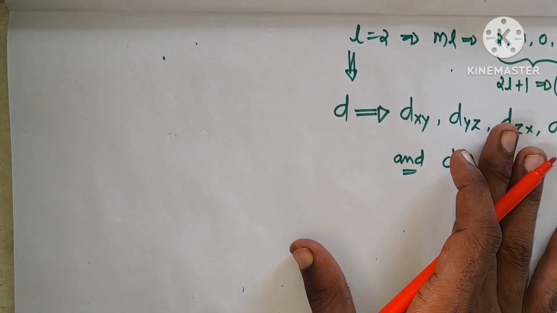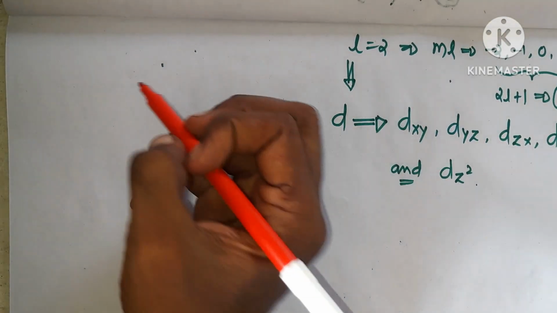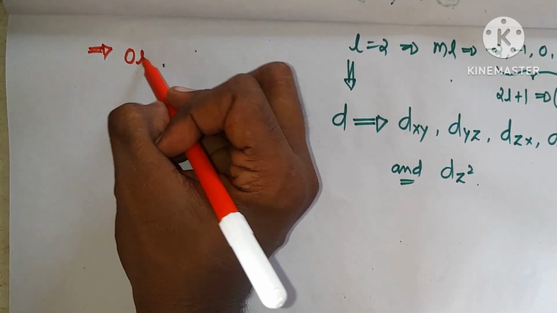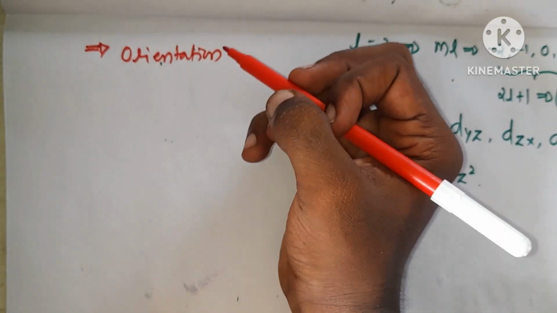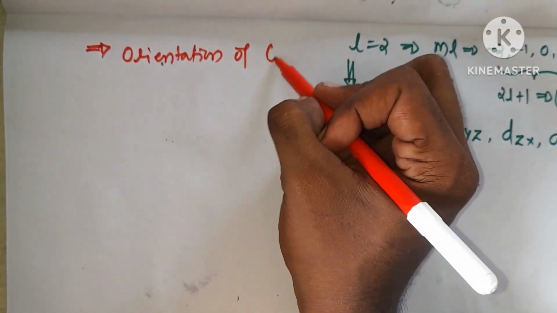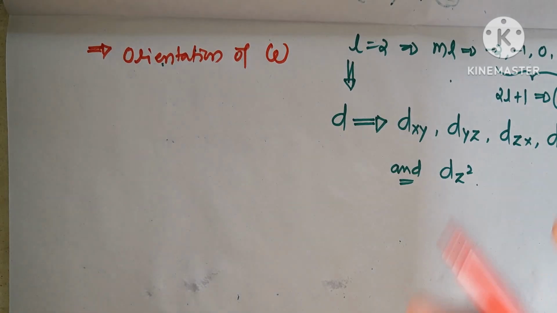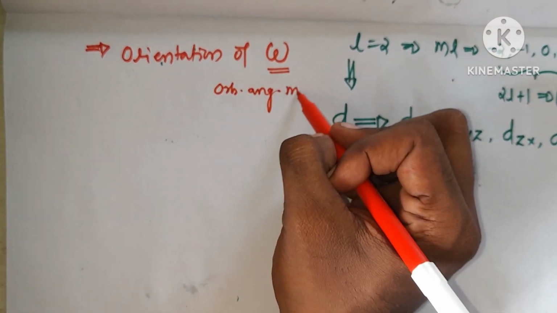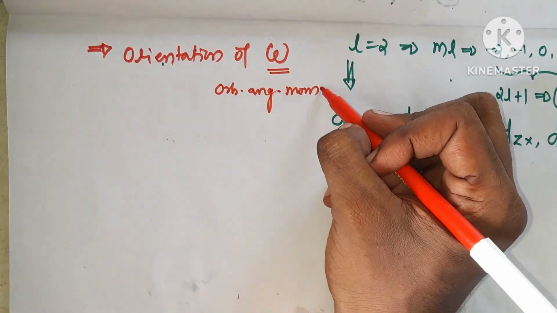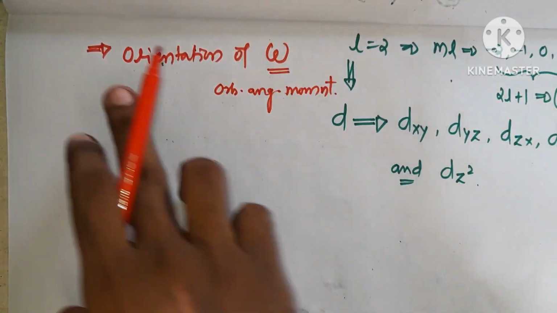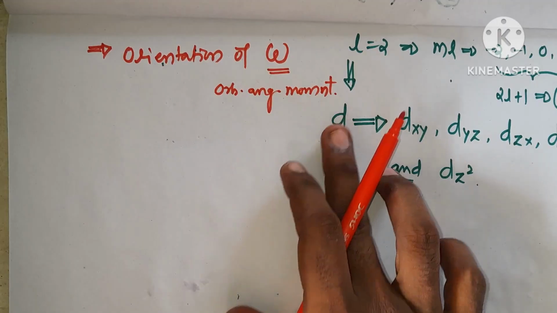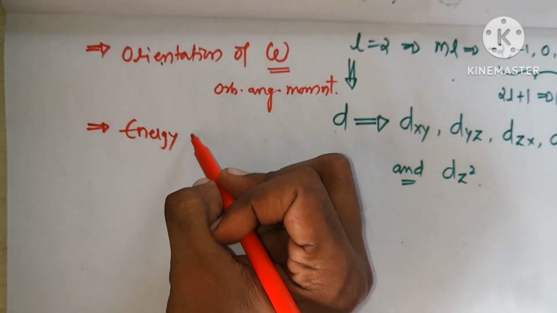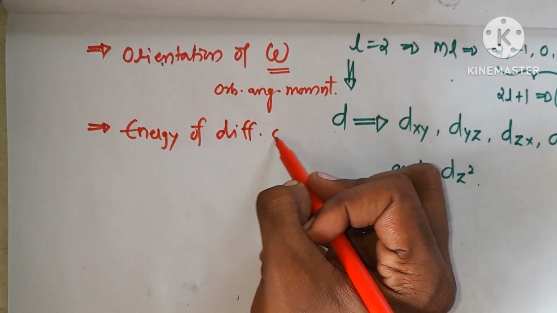After learning all these theoretical concepts, the significance of the magnetic quantum number is that it gives the orientation of orbital angular momentum, and it also gives the energy of different orientations.